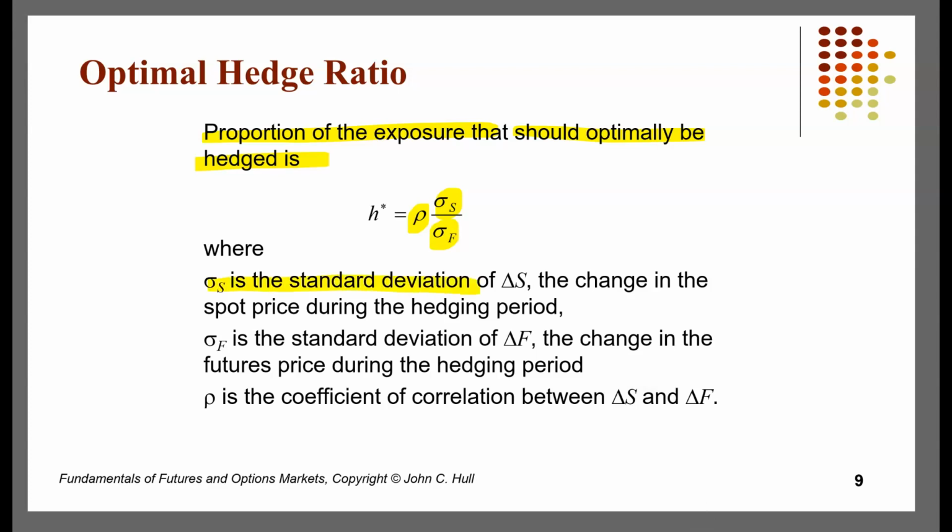Sigma S is the standard deviation of the change in the spot price during the hedging period. And sigma F is the standard deviation of the change in the futures price during the hedging period as well. And rho here is the coefficient of correlation, or the correlation between that change in the underlying and the change in the futures.